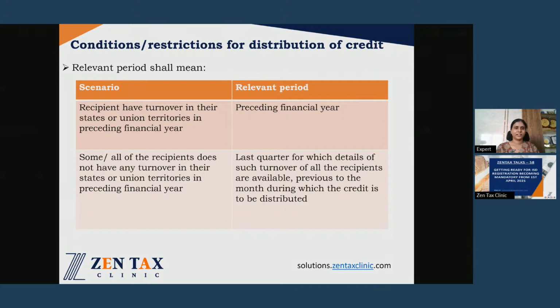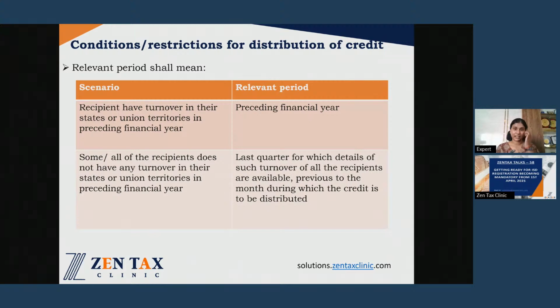Firstly, if the recipient is having turnover in their state or union territory in the preceding financial year, then the relevant period shall be the preceding financial year. We can take an example.